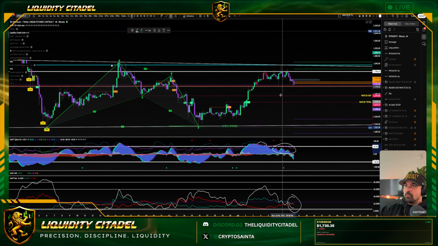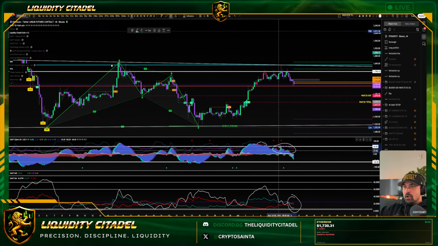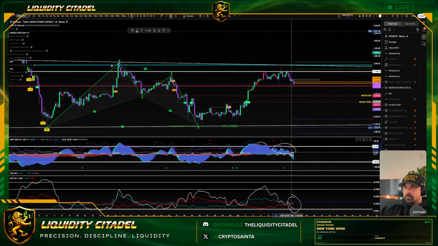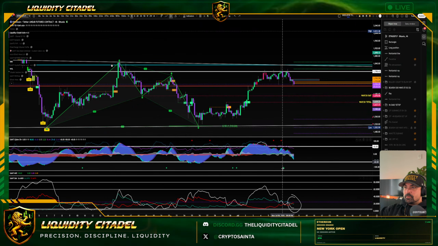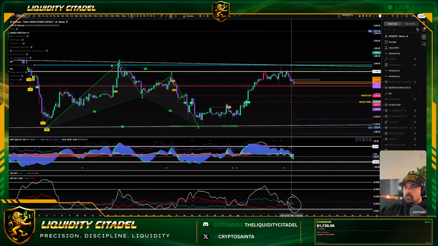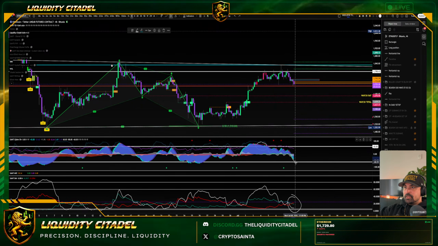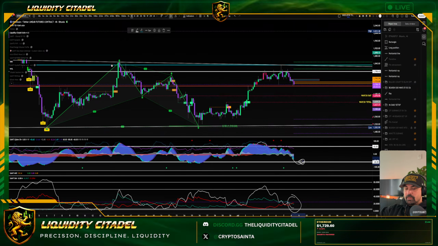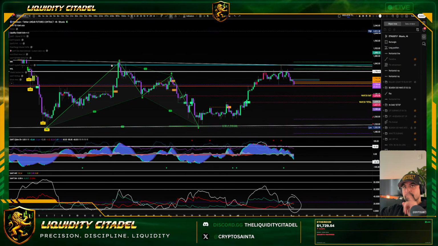Price went a little bit higher, but RSI wasn't going higher at all, it was going lower. Now I'd want to see my cipher inside of this area right over here. That would be ideal. Mind you, it's only a 4 hour.